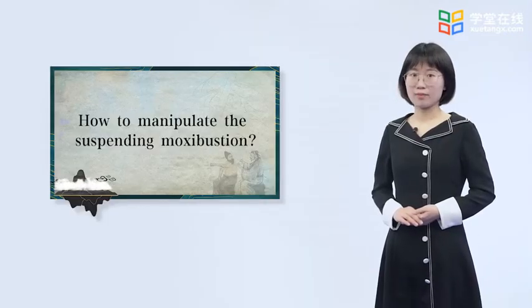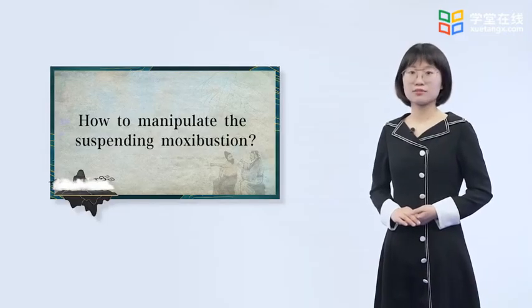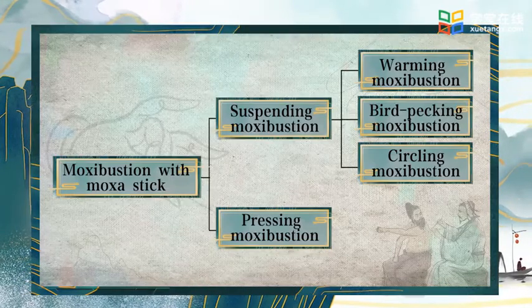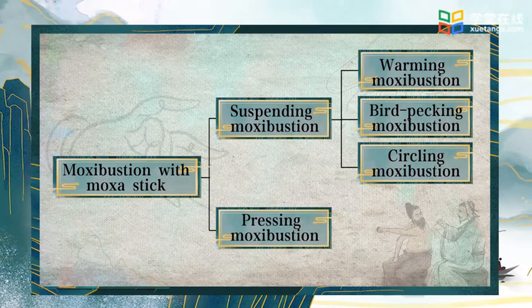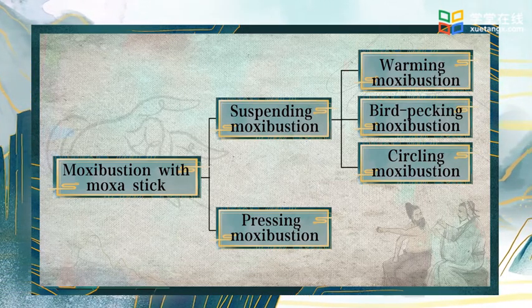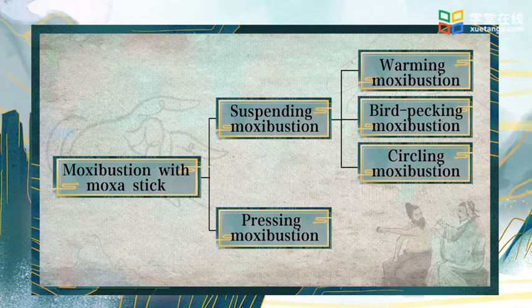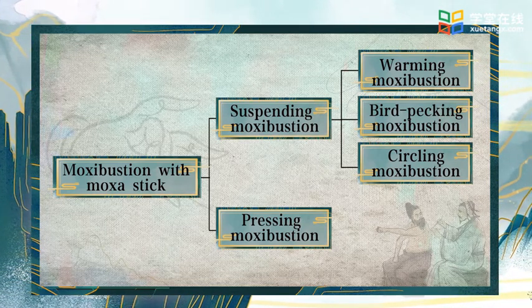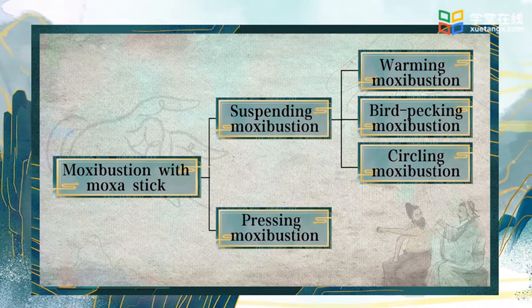We know that we could use the moxa stick for two manipulation techniques, respectively suspending moxibustion and pressing moxibustion. In this content, we mainly talk about how to manipulate suspending moxibustion. In detail, there are three techniques belonging to suspending moxibustion: warming moxibustion, bird-pecking moxibustion, and circling moxibustion.